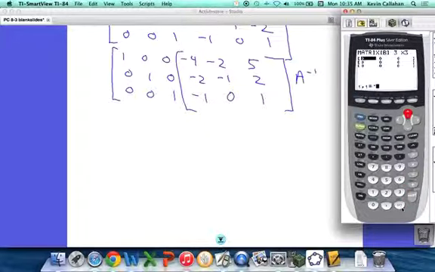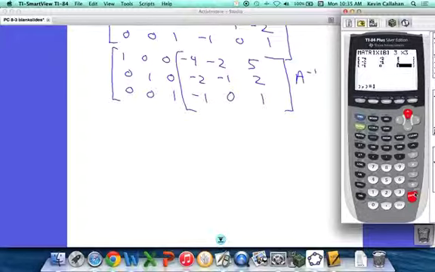Negative 4, negative 2, 5, and negative 2, negative 1, 2, and negative 1, 0, 1.